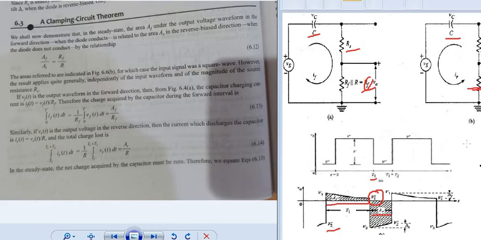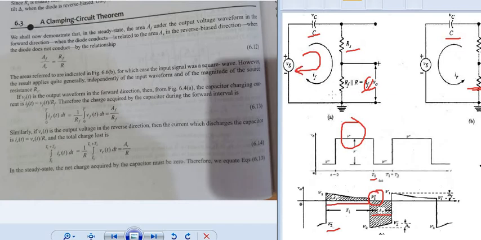So how are you going to find that? If VF of t is the output waveform in the forward direction, in this particular time period your output will be VF of t in the forward direction. So the capacitor will be charging the current. In which direction is your capacitor charging?